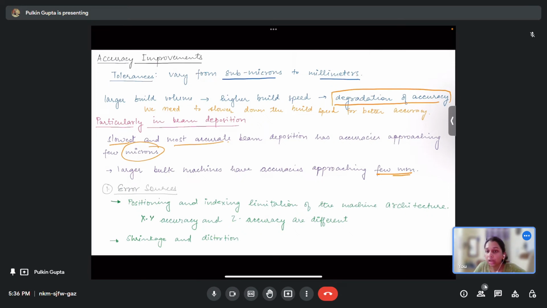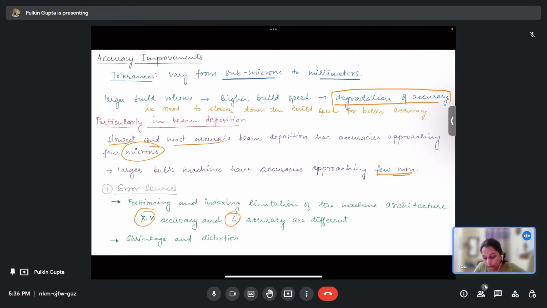Now, what are the error sources? Error sources come from positioning and indexing limitations of the machine architecture, and they are different in the X, Y, and Z directions. Since the step sizes of motion in the X, Y, and Z directions are different, your accuracies are also different in the three directions.